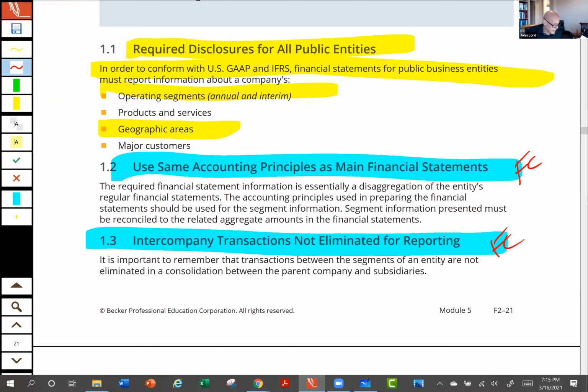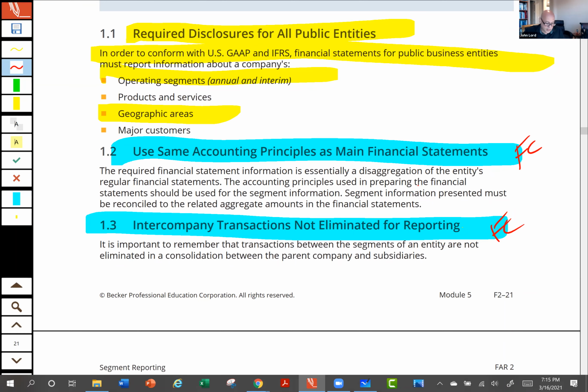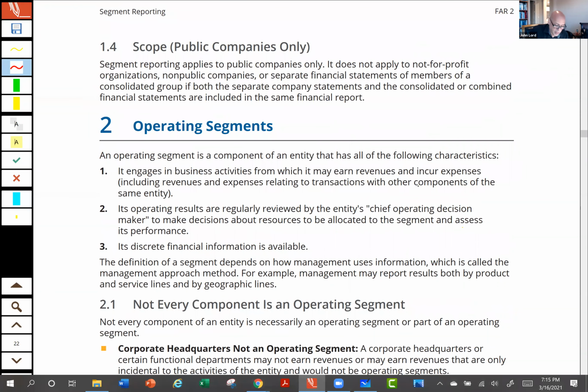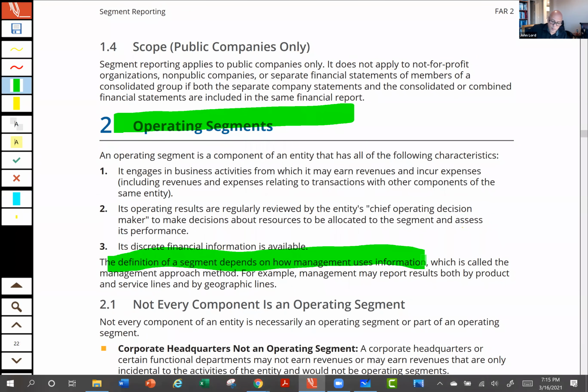Okay. And then come over, and we've already said it's public companies. But let's see what we mean by operating segments. The definition of a segment depends on how management uses the information. Okay, so again, there is no requirement that you develop some specialized segment information.